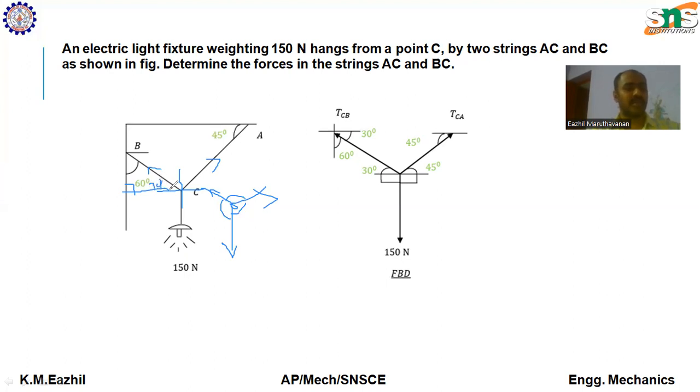30 degree. So when it is 30 degree, it is 90. Then the sum of this angle is 30 plus 90, 120 degree. So this is how we have to find the angles, 120 degree. Here it is 45 degree. So when it is 45 degree, definitely it will be also 45 degree.